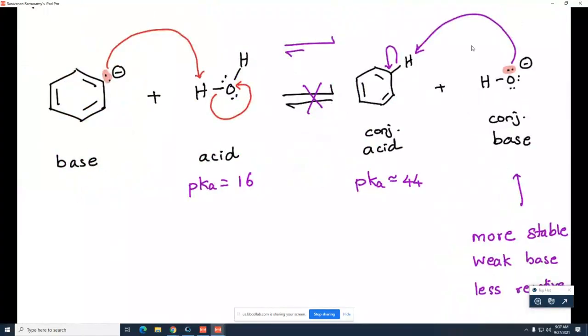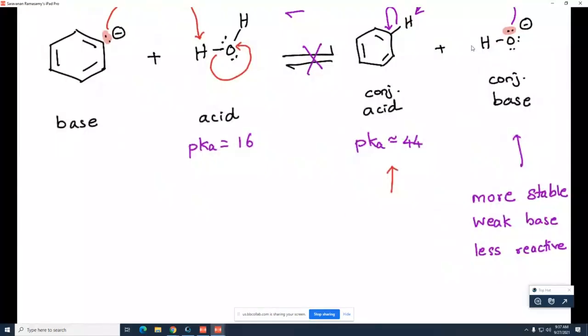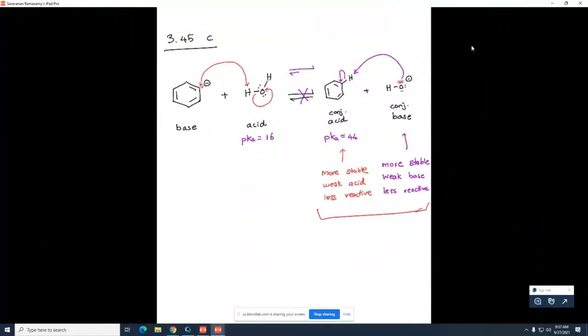It's a little different compound. So approximately equal to 44. Now that still says this acid is more stable, or weak acid, or less reactive. And it's a complete analysis. The product side is more stable than the reactant side.